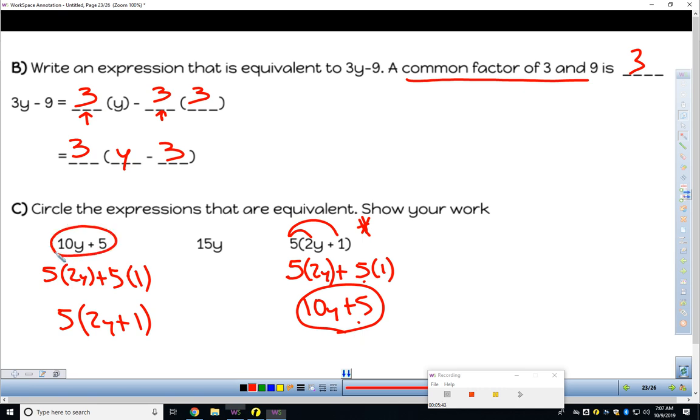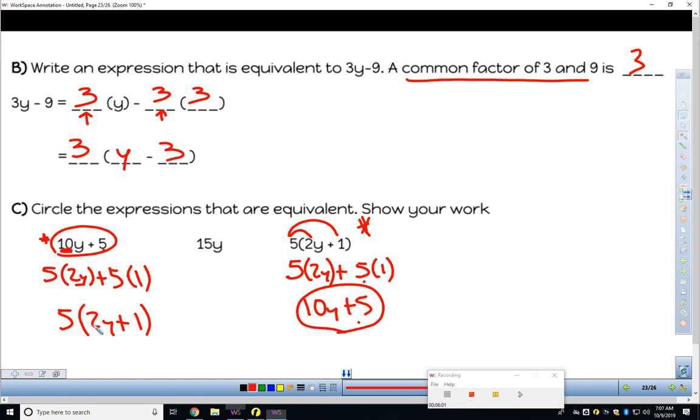We can also check that by taking this first one and finding the greatest common factor of these two numbers. The greatest common factor of 10 and 5 is 5. If I take a 5 out, if I divide this 10 by 5, I end up with 2y left over. And so it would be 5 times 2y plus 1.